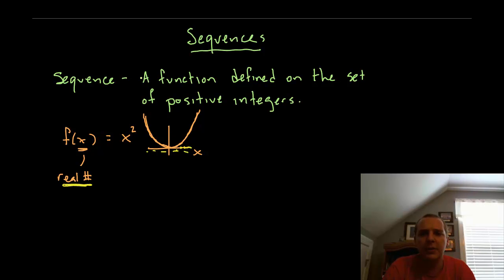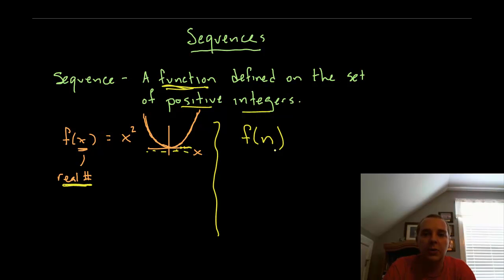But our sequences, on the other hand, are going to be functions, but they're going to be defined only on the set of positive integers. To denote this difference, probably the easiest way is just to change a letter so there's no confusion. Rather than saying f of x, we'll say f of n. And so you'll see the letter n show up a lot in this chapter.